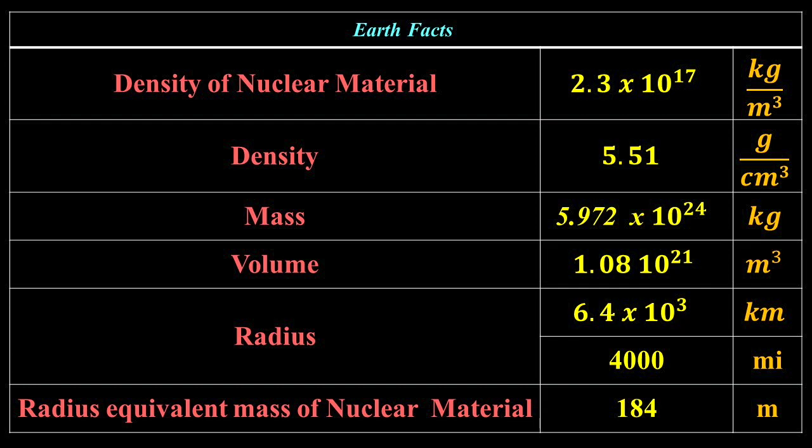That, ladies and gentlemen, is what a black hole is. A black hole is pure nuclear material without the electron. So if I have a book, here's a textbook, right? I hit it on my head.